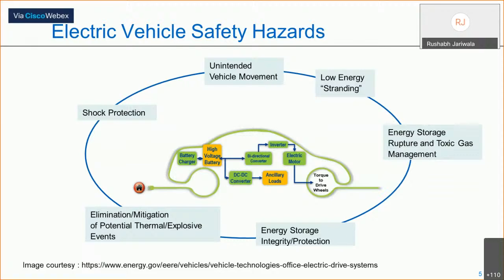It is so silent that there is no natural feedback to the driver that he has started the car, and that sometimes leads to unintended movement outside the driver's consciousness.